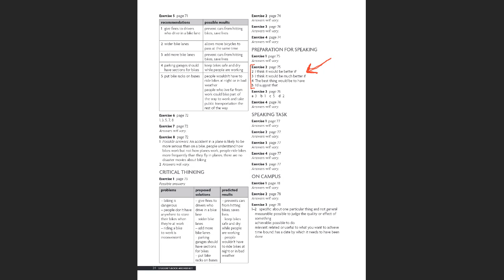This one is using to have, and then cameras on the roads to record. The more cameras on the roads to record, that is not a subject and verb. So it's a little bit different sentence structure there.